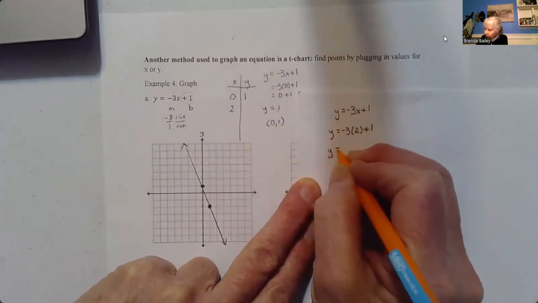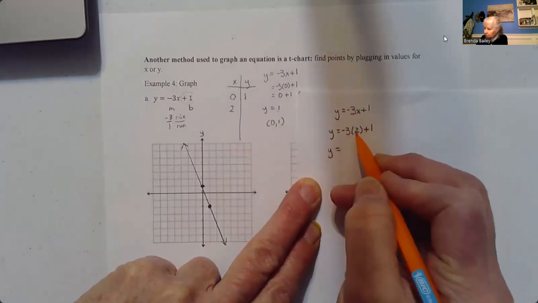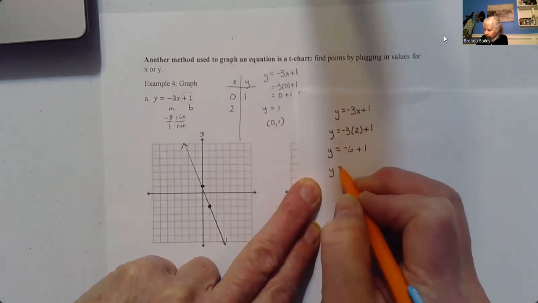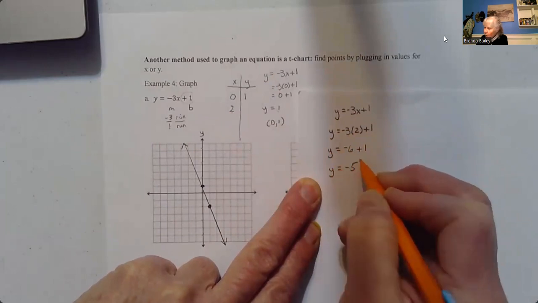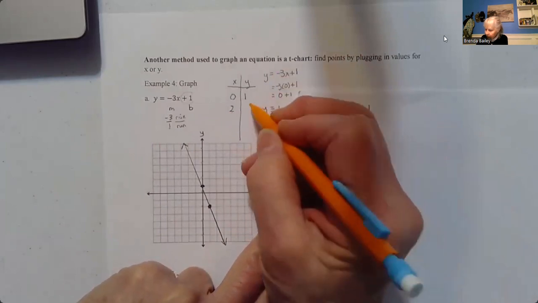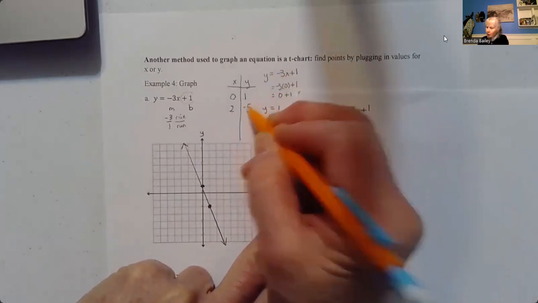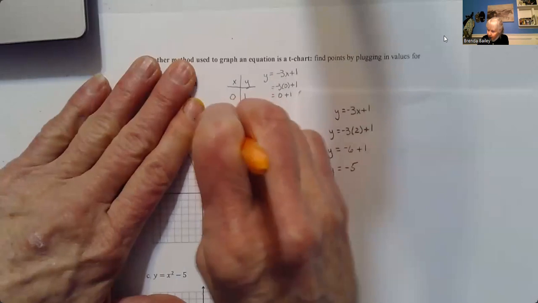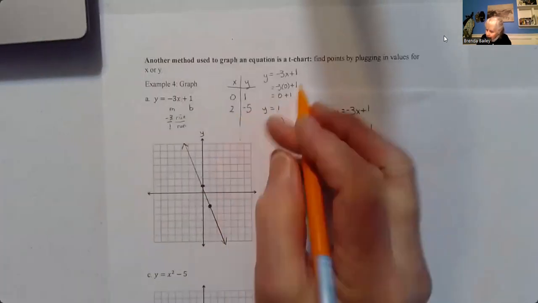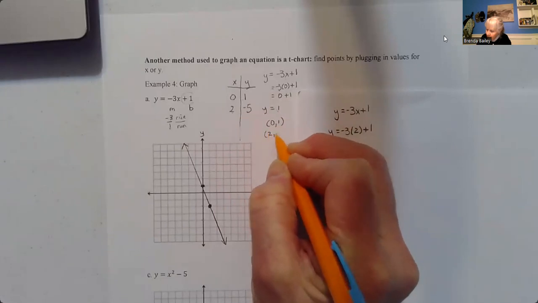So y equals -3 times 2, which is -6, plus 1. So when x is 2, y is -5. I have the ordered pair (2, -5).